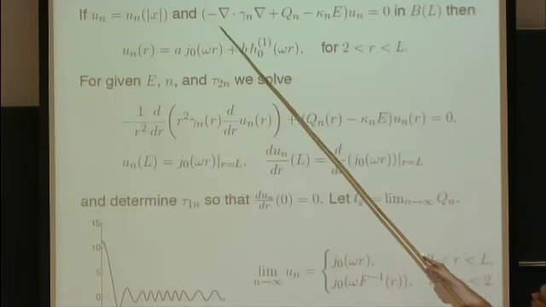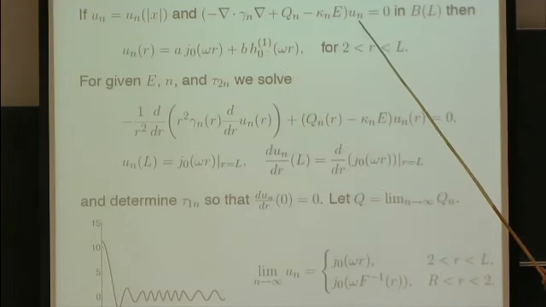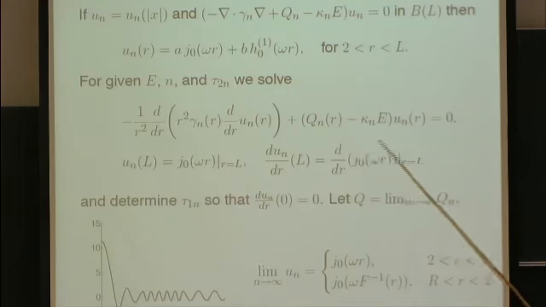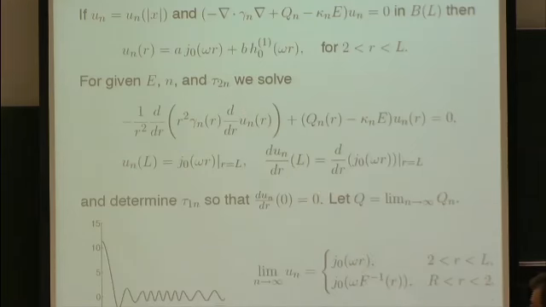So we have a radially symmetric function satisfying this equation. I write this in radial coordinates, and I get a second order ordinary differential equation. Then I require that the solution looks like the Bessel function outside the cloak, from 2 to 3 in this picture. So I put here initial data, up to multiplication with a constant.